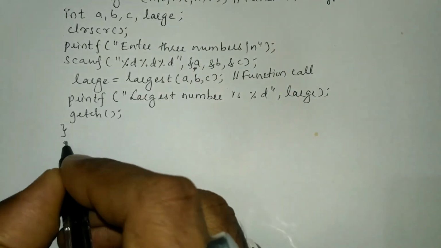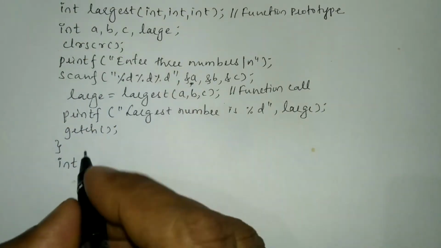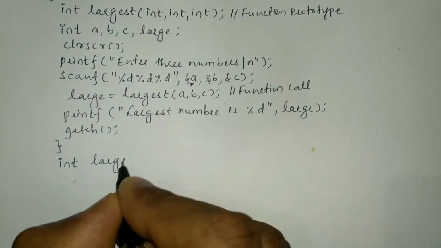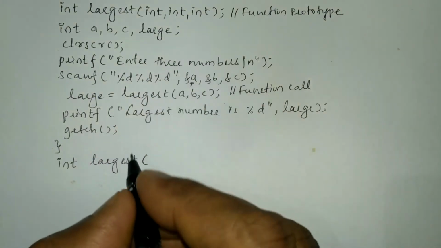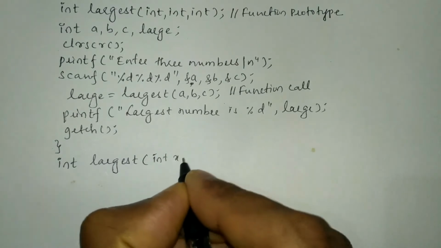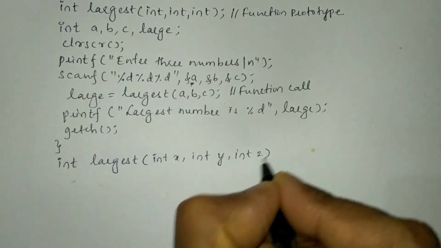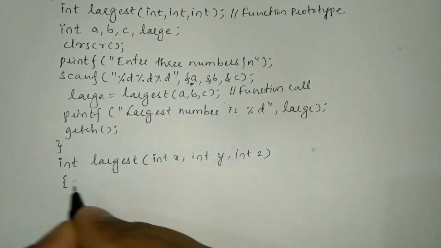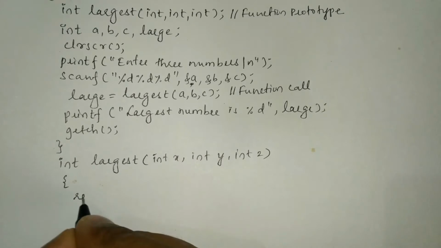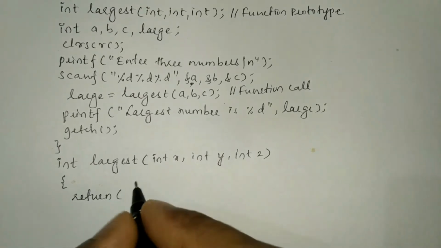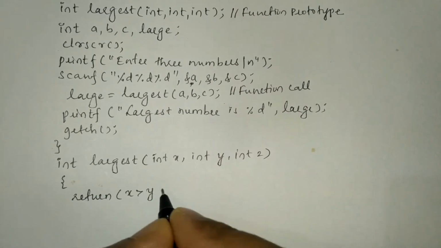Here I'm going to write return type int as it is declared over here. I'm going to write the name of the function as largest, and we need to pass three arguments, int x comma int y comma int z, and curly open brace. And here we are going to use the ternary operator: return, and inside the bracket I'm going to write x is greater than y.